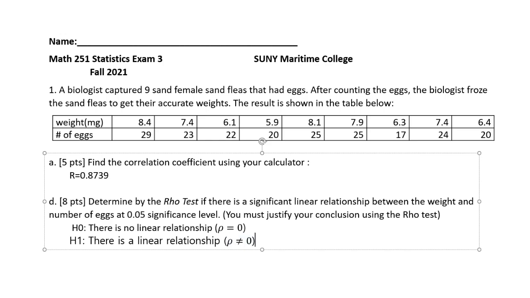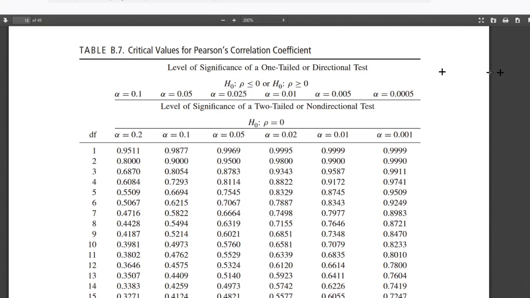All right, so let's see who is right. To know that, you have to figure out the 0.05 significance level at degrees of freedom 7. So let's look at the Pearson R, the Pearson correlation coefficient. Google Pearson correlation coefficient R table, or Pearson R table, then you'll see this.